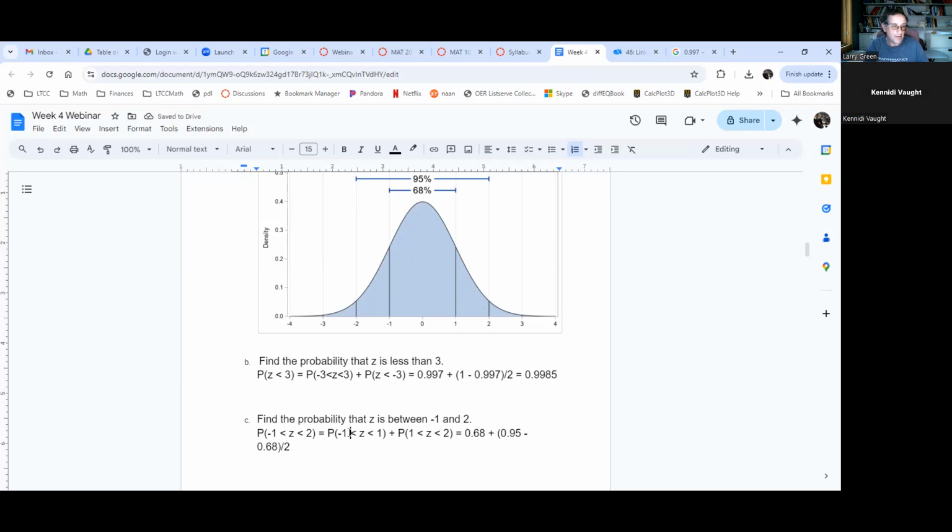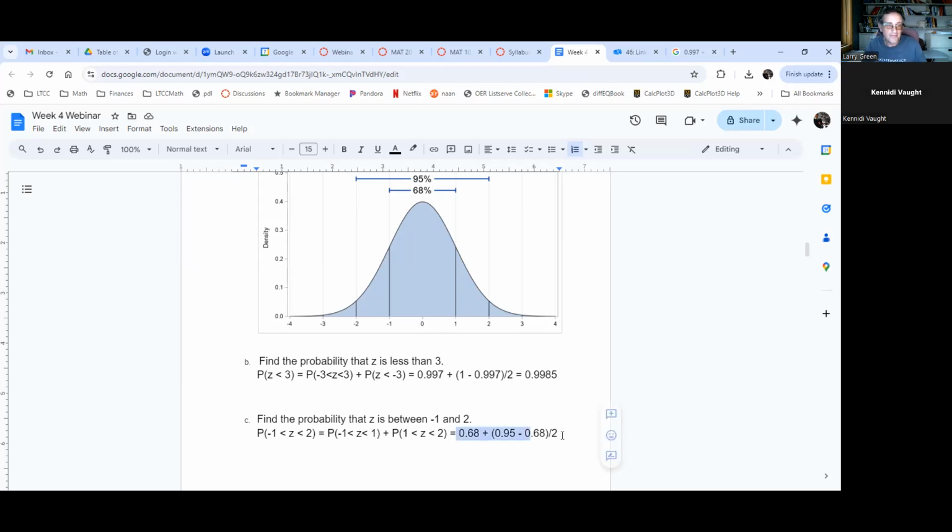Maybe I'll get rid of some of these open spaces so we can do it in one line. There we go. Any questions on that idea so far? Do you see the strategy? Kind of piece things together on what you know, put it together so that you can get all the stuff you know. And then if you have left and right, but you only want one side, divide by 2.